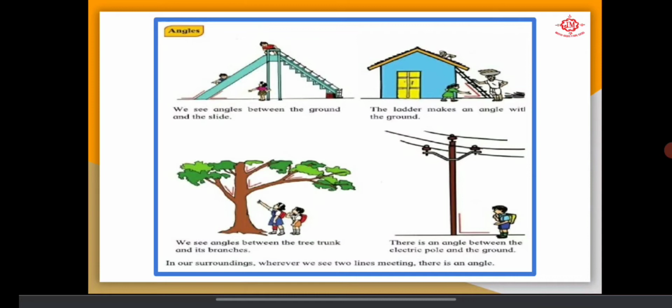In the third picture, we see angles between the tree trunk and its branches. And looking at the fourth picture, we can see that there is an angle between the electric pole and the ground. So children, remember, in our surroundings, wherever we see two lines meeting, there is an angle.